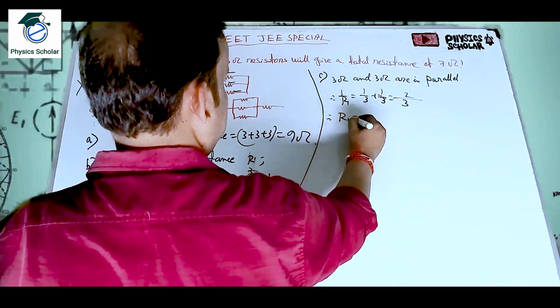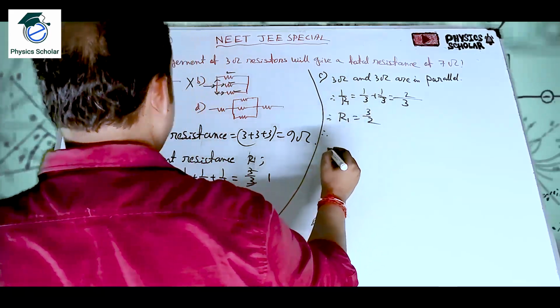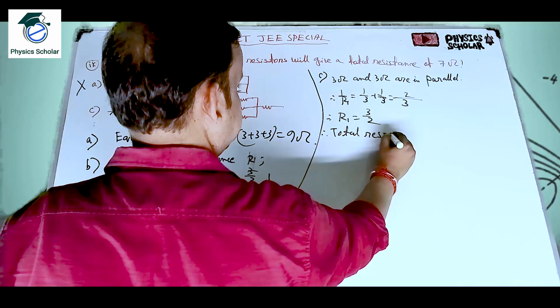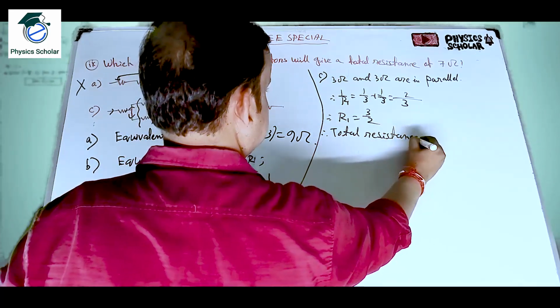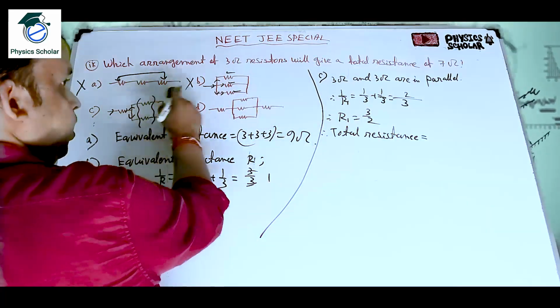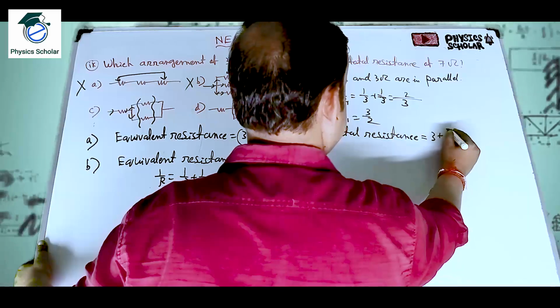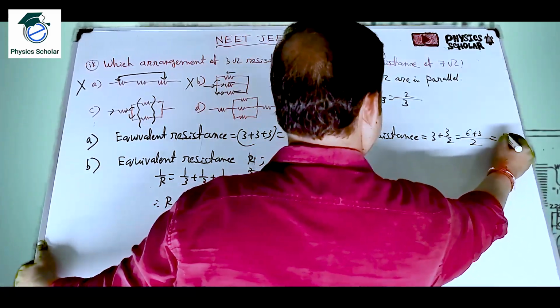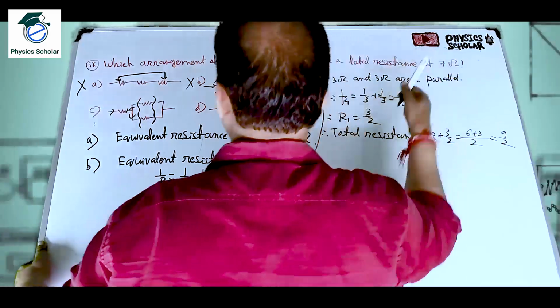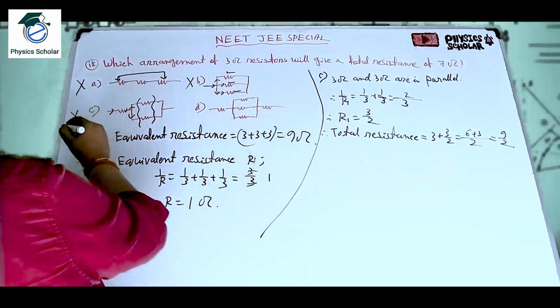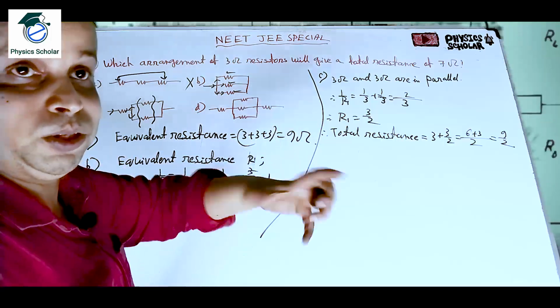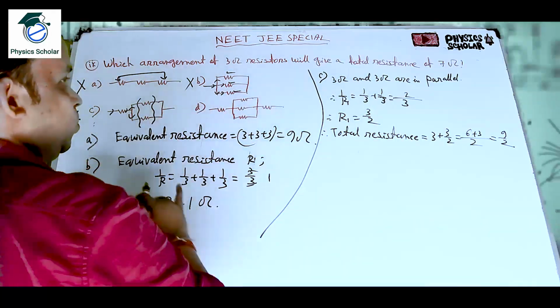So R1 is equal to 3 by 2. Therefore the total resistance is equal to 3 plus this, in series, clear? So with 2 as the LCM, 6 plus 3 is equal to 9 by 2. It is 7 given, clear? That means this option is not correct. Which option is left? D. So we can write D, but I will also check whether D is correct or not.